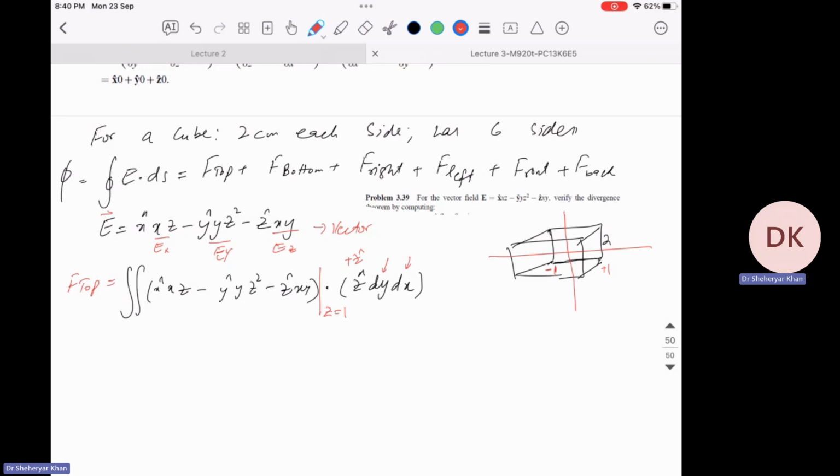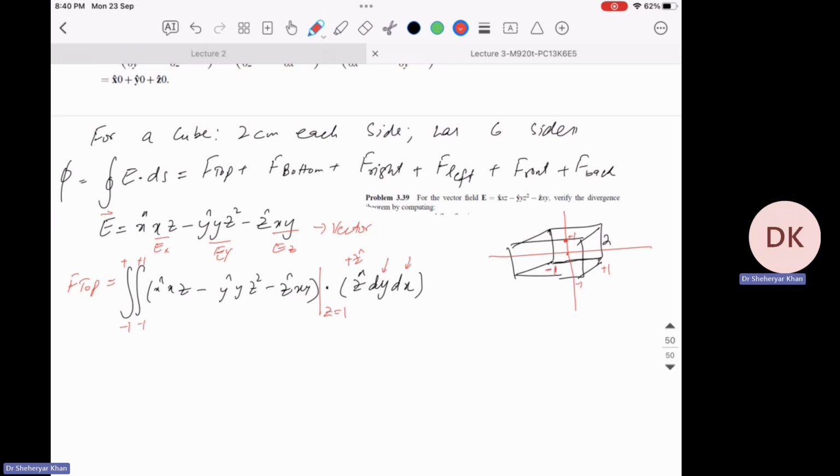For y and x, we know the limit is from -1 to +1. What about the z? At this position, because you are considering the top value, the z is 1. For example, if you are here, this is +1 and this is -1. So every axis on the top position is at the peak value, and that's one value.